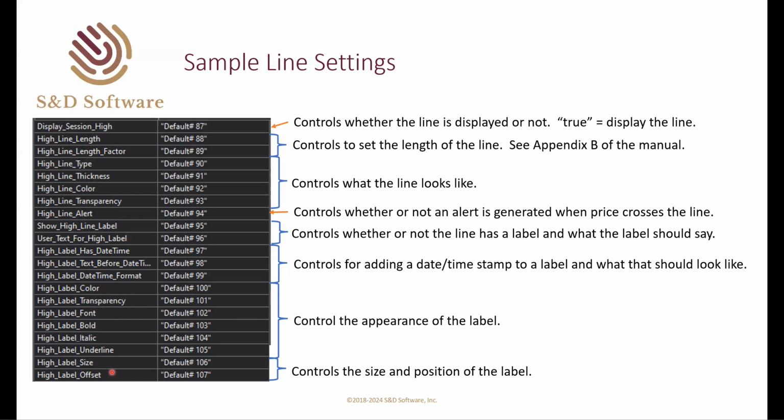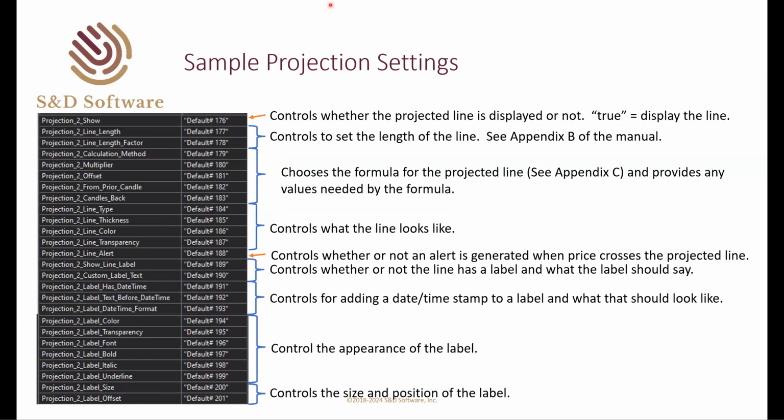Now a projection is a line, but there's a little bit more to it. So we pick up a few extra settings here, but you'll see it's pretty much the same as what we just saw, except for the new settings.